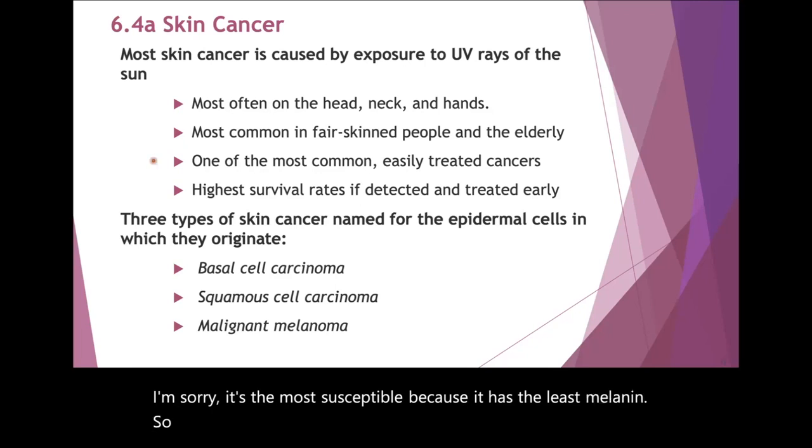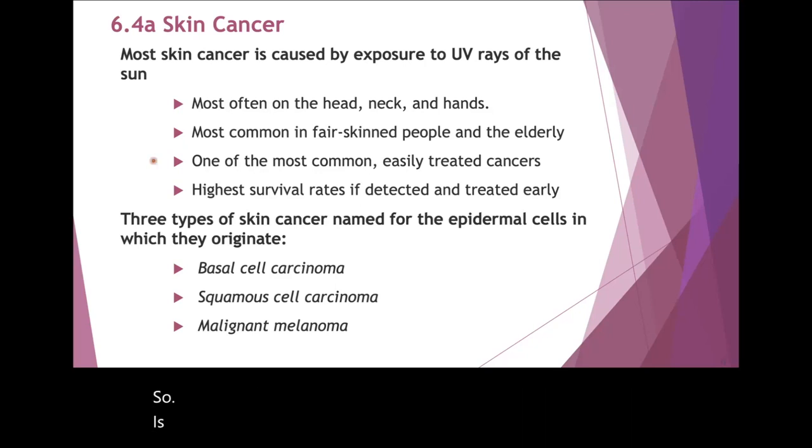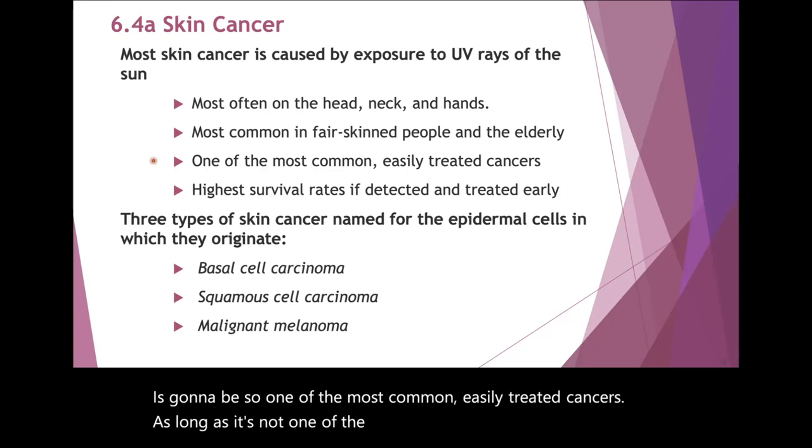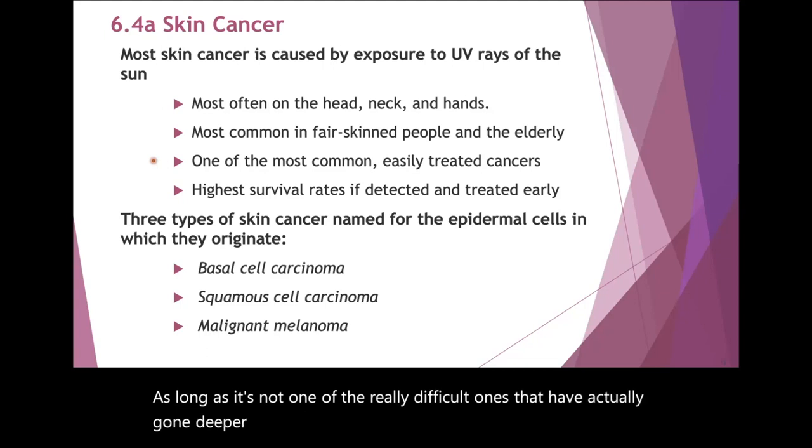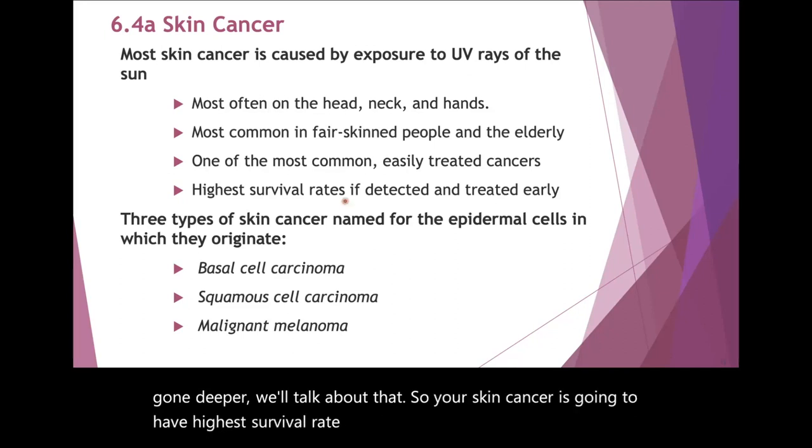So it's going to be one of the most common easily treated cancers, as long as it's not one of the really difficult ones that have actually gone deeper. We'll talk about that. So your skin cancer is going to have the highest survival rates if detected and treated early.